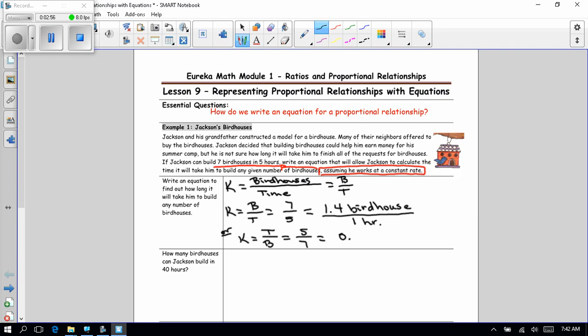It's actually a repeating decimal, but it takes so long to find the repeat. So let's go with 0.71 hours per birdhouse. Almost 3/4 of an hour, a little less than 45 minutes, basically, for every birdhouse.